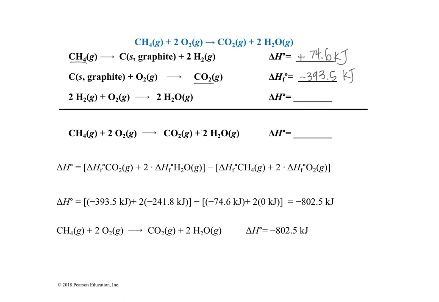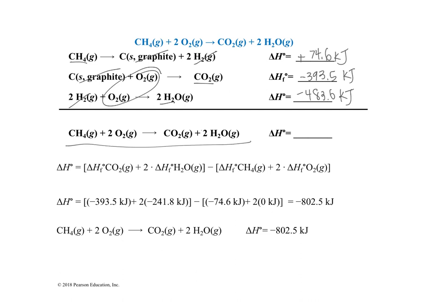And for water, to form 2 waters, that's going to be 2 times the enthalpy of water, which is negative 483.6 kilojoules. Then when we add these all together, our hydrogens go away, our oxygens add up to 2 oxygens, our graphites go away, and we get the chemical reaction that we were seeking.